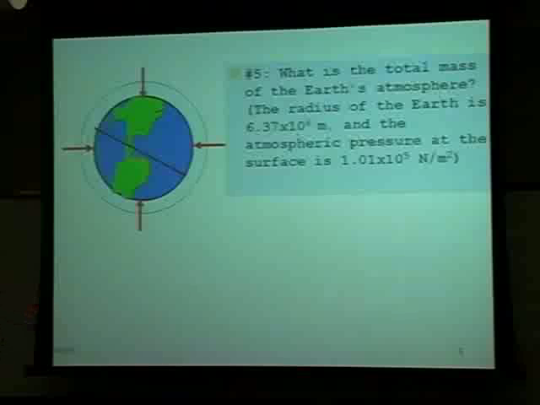So we can think of the weight of the atmosphere on the surface of a sphere of the Earth, and then use that to calculate what that weight is. In other words, we know the pressure, which is force per area, or weight per area. We can calculate the weight of the atmosphere.